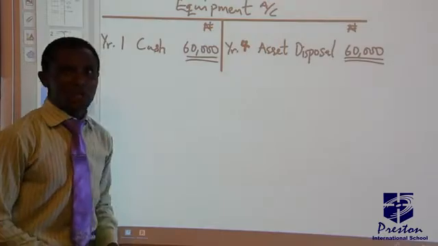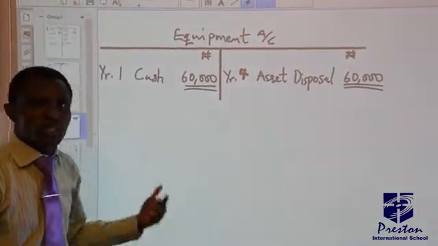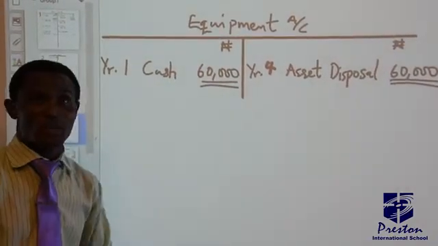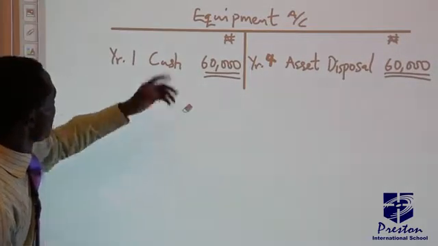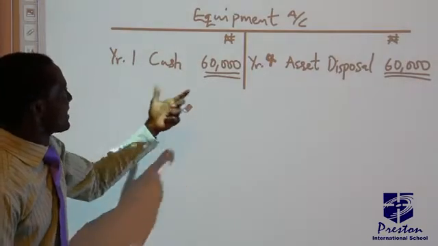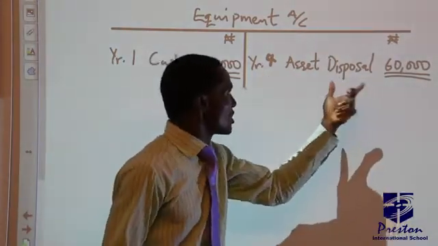This is the equipment account. Now, considering the modern method of disposing an asset, we have to start with the asset account, the asset happening to be equipment. Year 1, the asset was bought in cash, 60,000 naira. And in year 4, it was disposed.